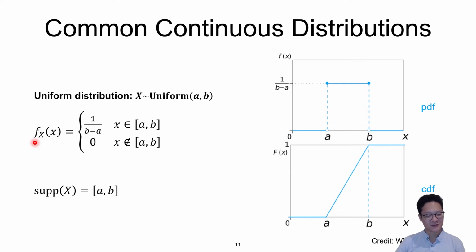Now we take a look at the PDF: f_X(x) equals 1 over b minus a if x is within the range a to b, inclusive, and 0 otherwise. The support of x is from a to b, inclusive, and the CDF is 0 before we get to a, 1 after we get to b, and a linear line connecting a and b from 0 to 1.